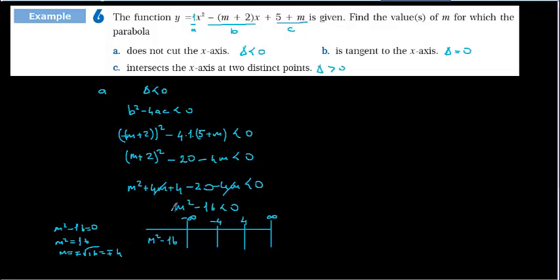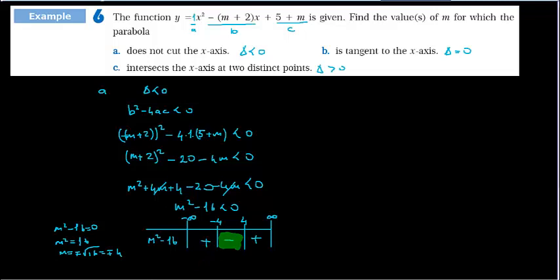I'm checking the leading coefficient sign, and I know that it's plus, so this is going to be plus, then minus, and then plus. The question is asking less than 0, which means I need to shade the part between them, which is minus. This one I'm going to shade, and this is the solution set for us.